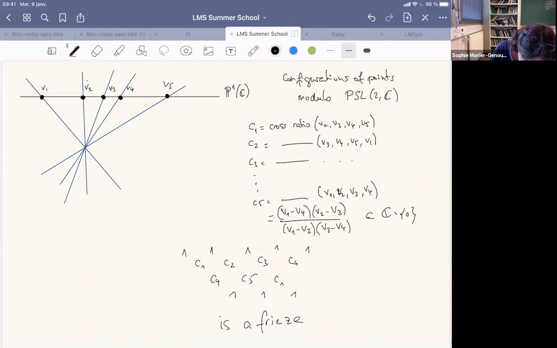And this leads to a connection between frieze and a famous space called the moduli space M0n. So this is the set of n-tuples of distinct points modulo PSL2.